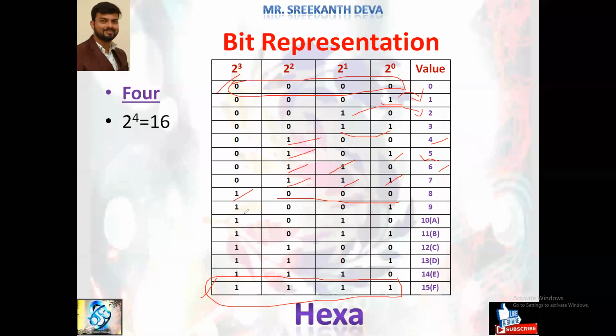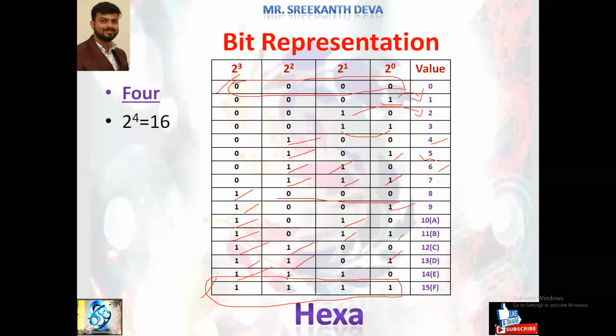Next 9: 8 plus 1, 9. Next 10: 8 plus 2 represents 10. Next 11: 8 plus 2 plus 1, 11. Next 12: 8 plus 4, it becomes 12. Next 8 plus 4 plus 1, 13.